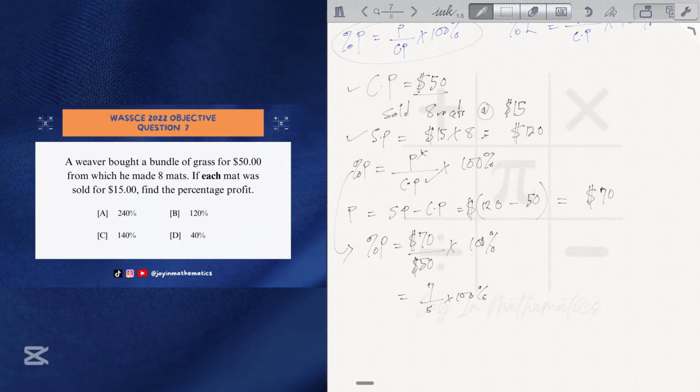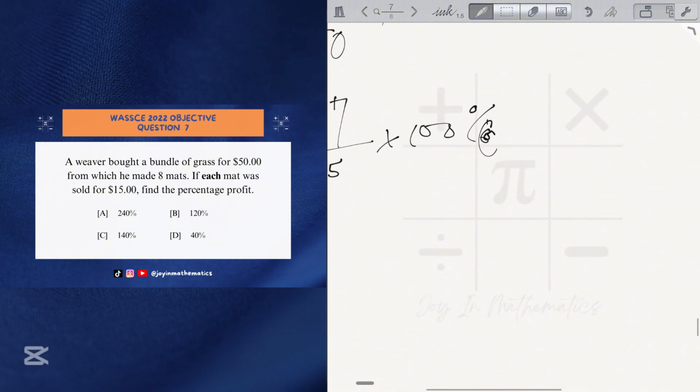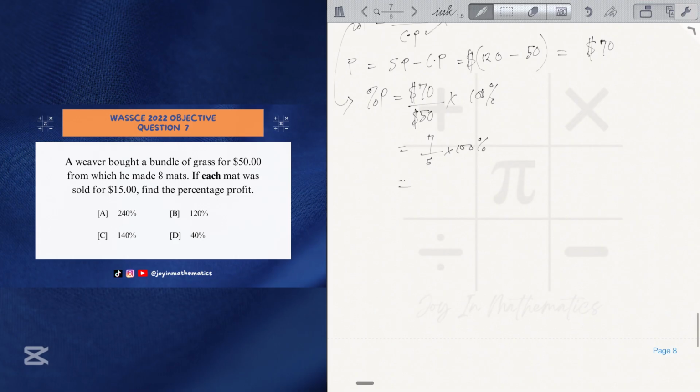And with this, we'll have 1.4 multiplied by 100%. 1.4 multiplied by 100% is 140%. 140% is the percentage profit, which is equivalent to option C.